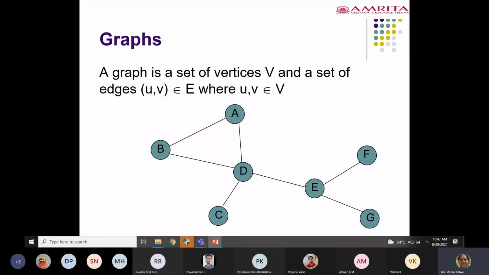We define a graph as a set of vertices V, and a set of edges UV belonging to E, where U and V belong to V. So the edges are made up of vertices. AB is an edge, AD is an edge, EF is an edge. Whichever edge I have, the vertices of the edge must belong to V.